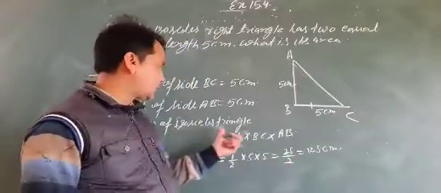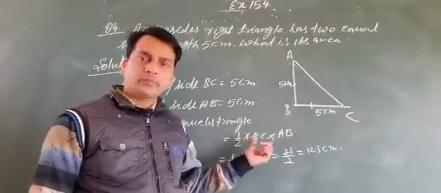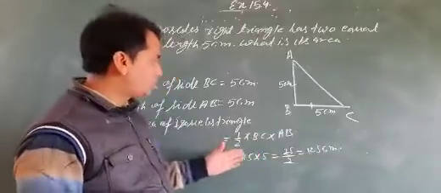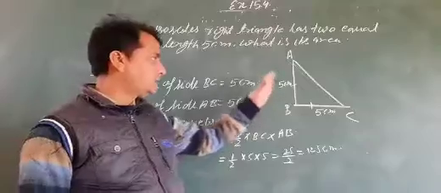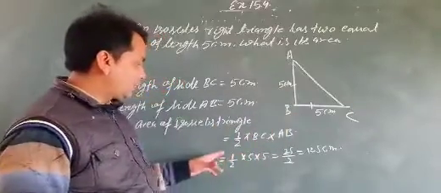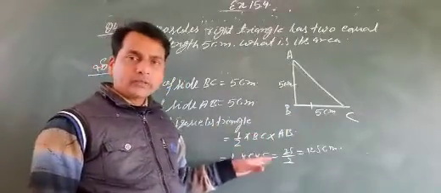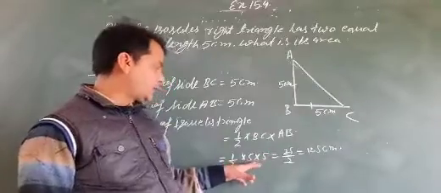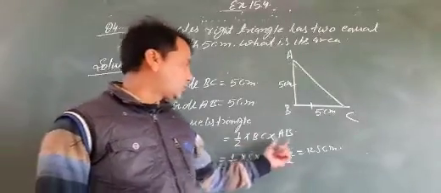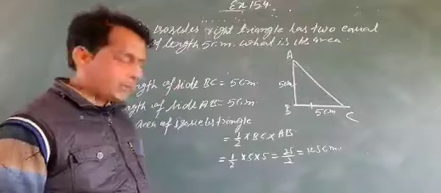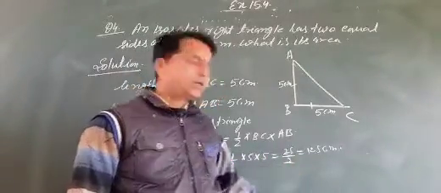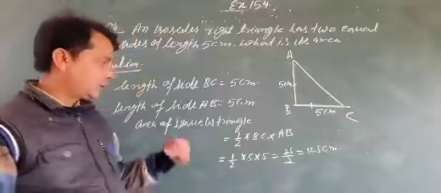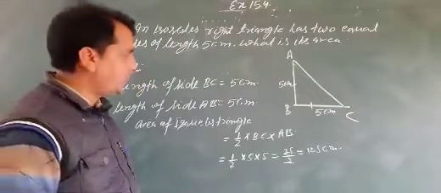Area of isosceles triangle equal to 1 by 2 base into height, base is BC and height is AB, then 1 by 2, the value of BC is given 5 centimeter and AB is also 5 centimeter, then 5 into 5, that is 25 by 2, and 25 by 2 equal to 12.5 centimeter.